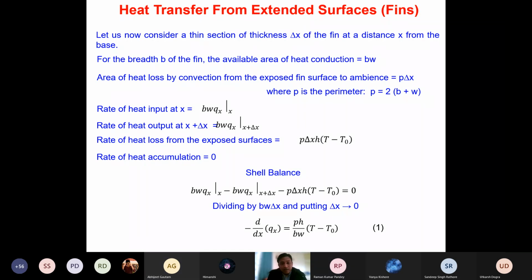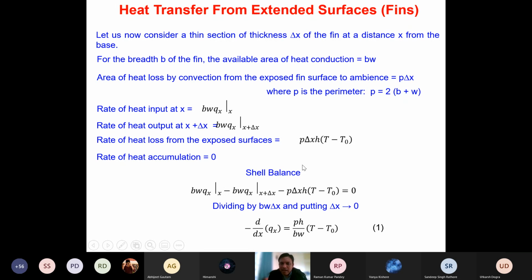Yes, sir. And there is no accumulation. We are not looking at the unsteady state heat transfer. We are not looking at generation, isn't it? So our shell balance will be what? Input minus output, and there are two output terms here. So both are subtracted here. So BW qx at X minus BW qx at X plus delta X minus P delta X h (T minus T naught) equals 0.